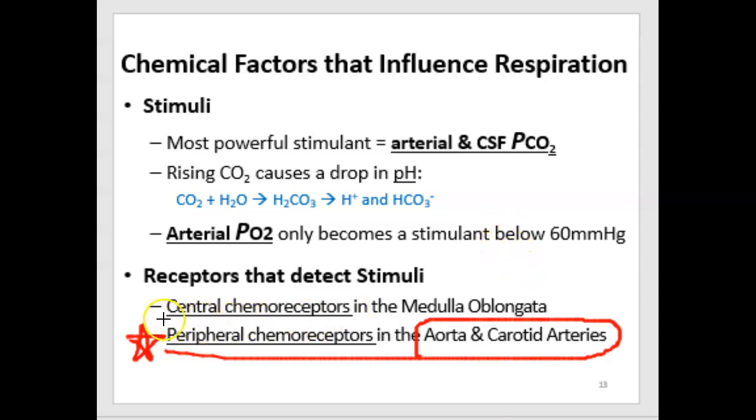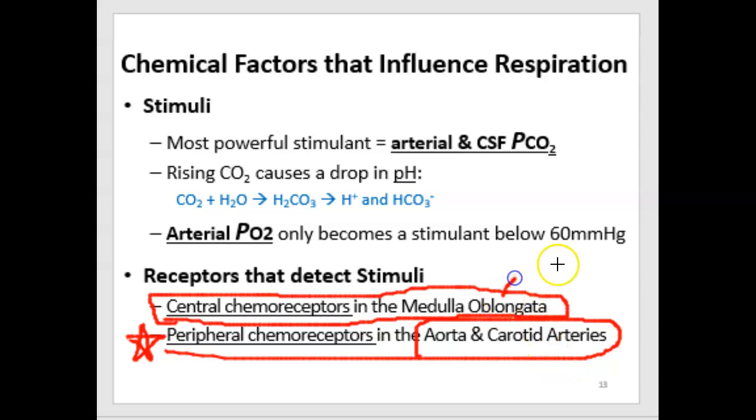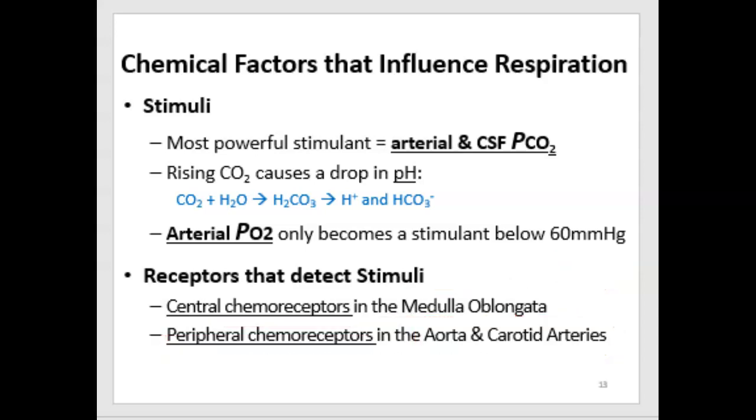There's also a set of receptors in the medulla oblongata that can detect these stimuli in cerebral spinal fluid. So cerebral spinal fluid surrounds the brain, and if the CSF has too much CO2, these central chemoreceptors in the medulla oblongata will be stimulated. They will bind and send a signal to our breathing center.